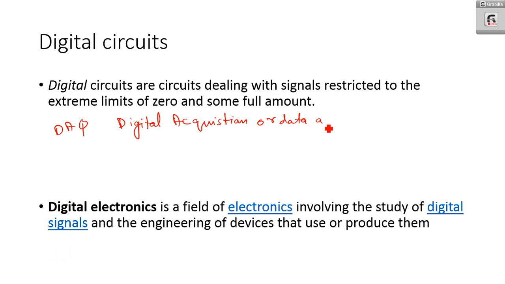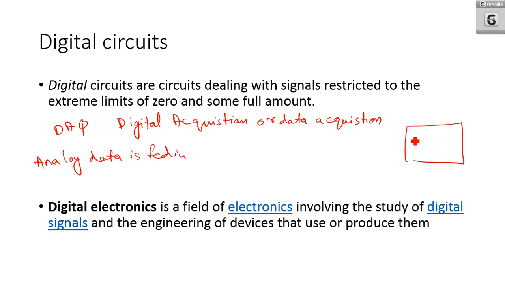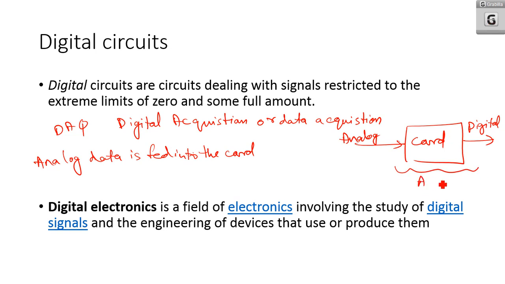In this data acquisition card, the analog data is fed into the card. We have a card structure like this. The analog data is fed into the card, and the data which comes out is in digital form. So this data acquisition card is basically an analog to digital converter.